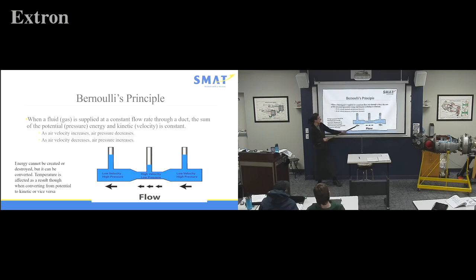And I believe these are showing that you're taking this measurement within that chamber. But the high velocity and low pressure changes in the convergent. It would be from there, right here as it's narrowing down.